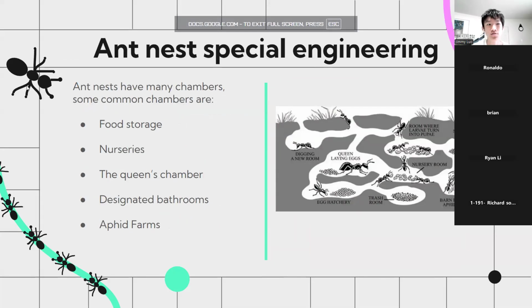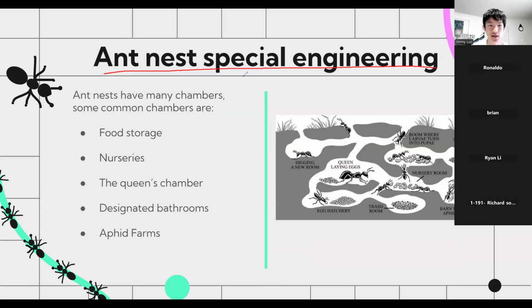Now we'll talk about the special engineering of ant nests. Ant nests have really sophisticated engineering. Imagine an ant nest as a house with different rooms and chambers. We have rooms for food storage, which we can see here. Ants store seeds and stuff.